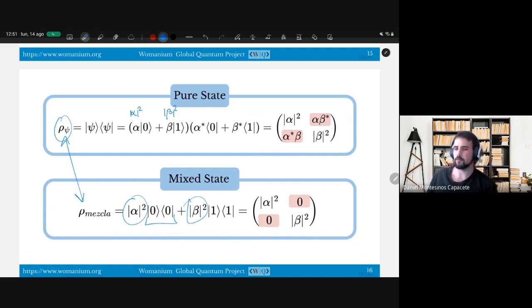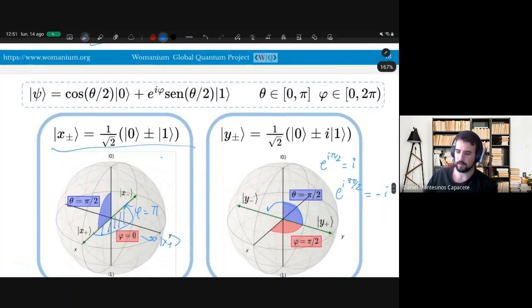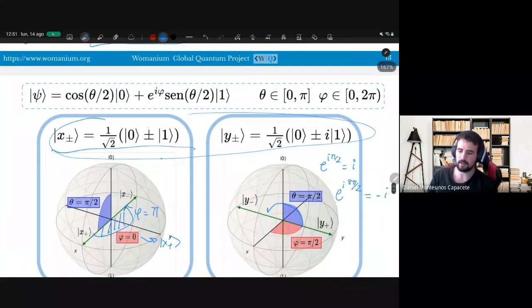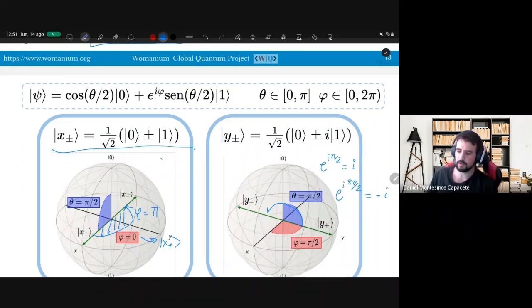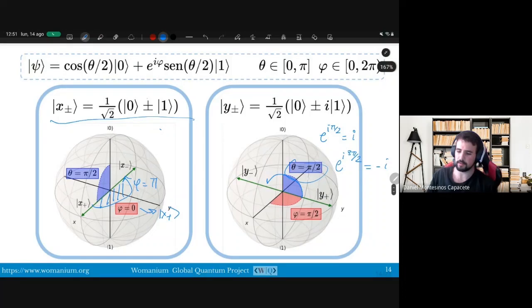This is related to the coherence of your qubit, in the sense that you are losing information about the phase. The phase in a quantum state is an important detail. For example, here, the only difference between these states, which are very much different, is the phase, the angle phi, because the theta angle is the same.